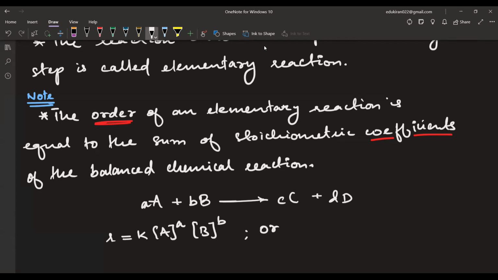And the order of reaction is equal to a plus b. And now you may see that is different from what we have done. Now, please remember that the mechanism is determined experimentally only. Once we have determined the mechanism of a reaction, we can theoretically say that the order of reaction will be equal to its stoichiometric coefficient. Please write this down.